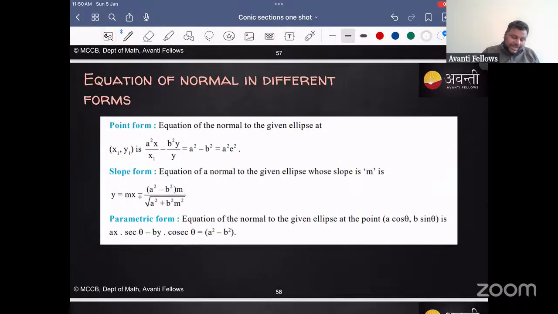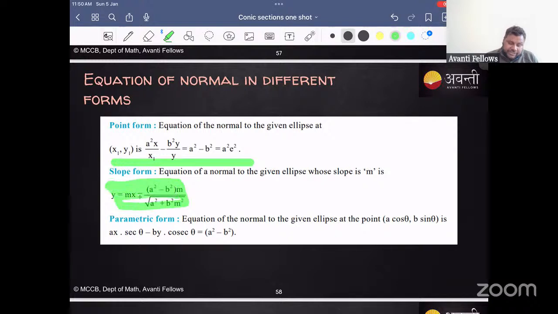Now normal at x1, y1, again I insist you not to remember it. It is a line perpendicular to the tangent at the point of tangency. So you don't have to remember the equation of this normal. Equation of normal in slope form is also not so easy to remember, so I recommend you not to remember this also.